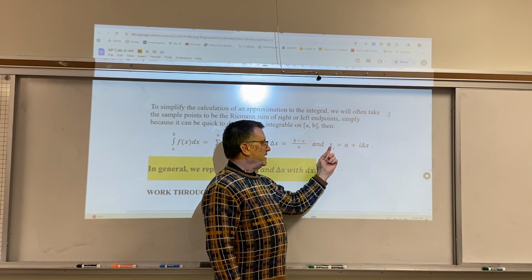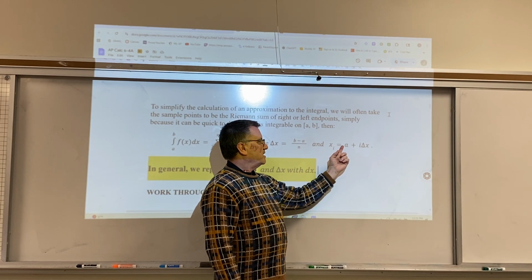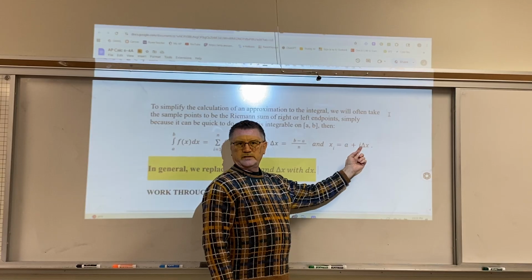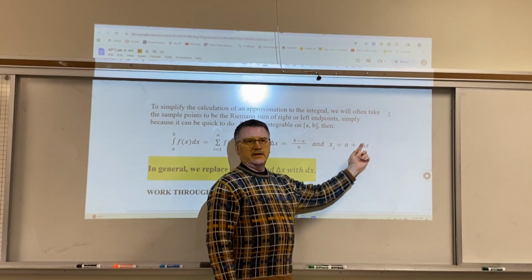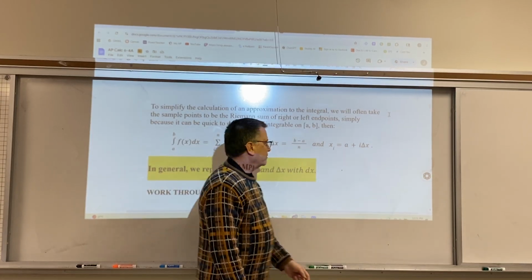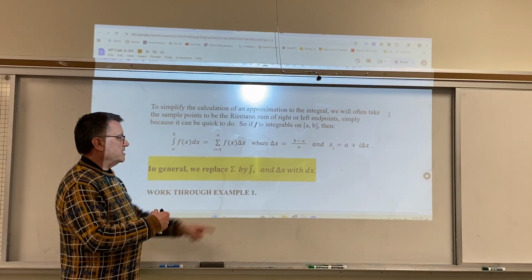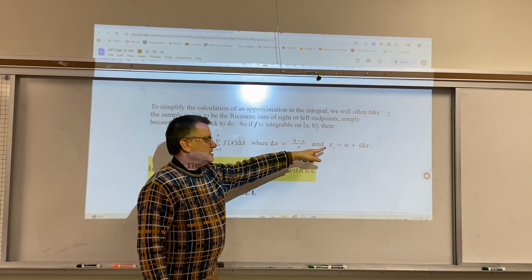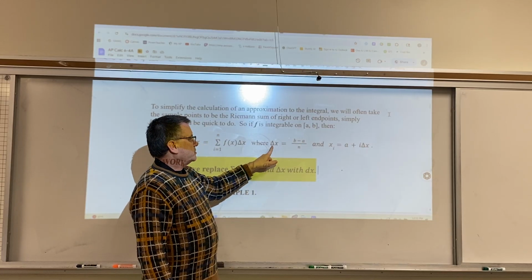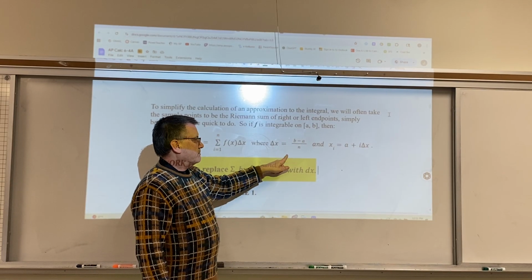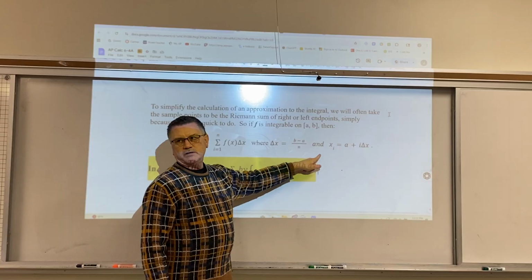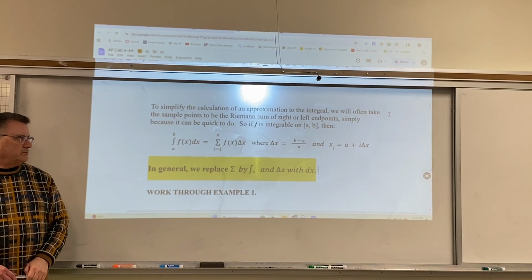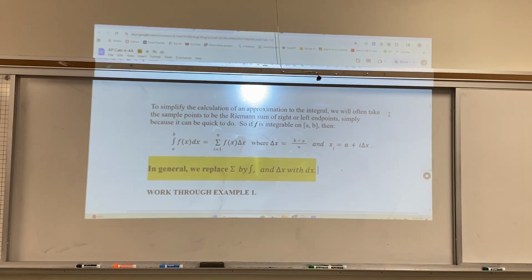So to go to any value of x, take what you started with and add the change of x to it 1 time, 2 times, 3 times, and then you're at the next value of x. Basically, that's what that's saying. Once you have your change of x, you're gonna go that much further, that much further, that much further, until you get to the last one. That's all that is. Okay.